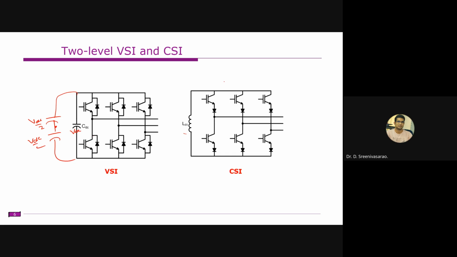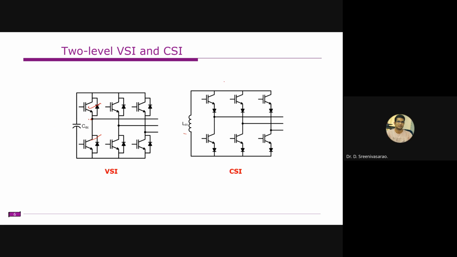If you measure the voltage between these two points, if this top switch is on, you will get VDC by 2, and if this bottom switch is on, we will get minus VDC by 2. That means you will get two voltage levels here.